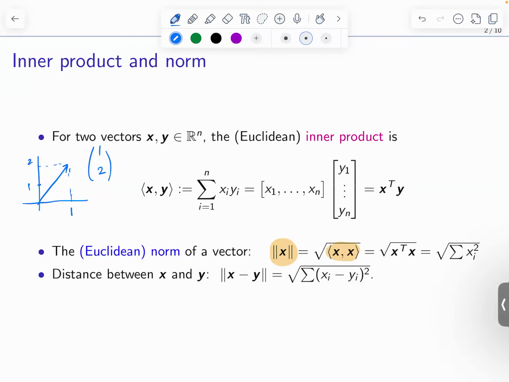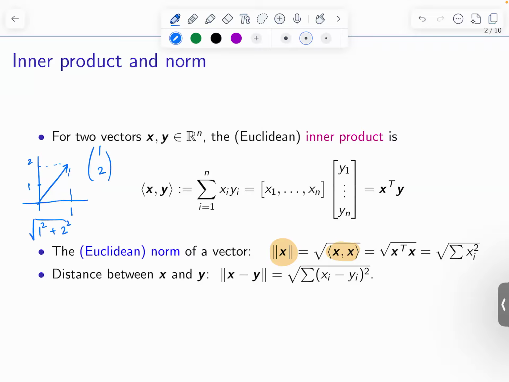Anyone? How do you calculate the length? Yes. 2 squared plus 1 squared, and the square root of that, so square root of 5. Yeah, I assume that I heard something like this: the first coordinate squared plus the second coordinate squared.